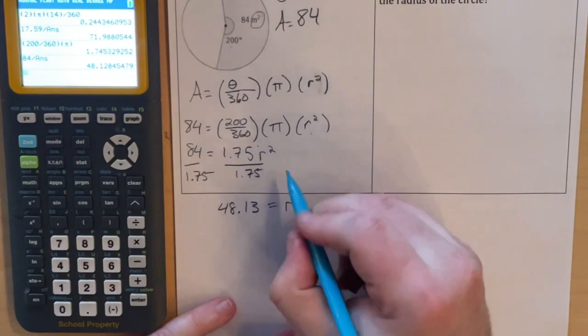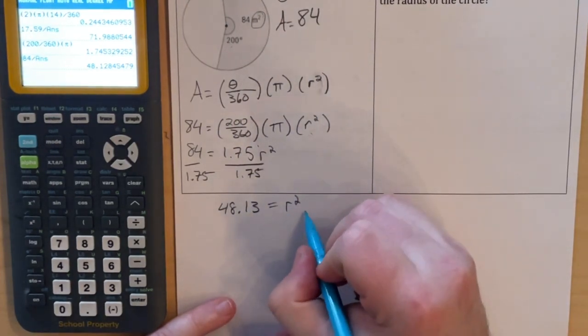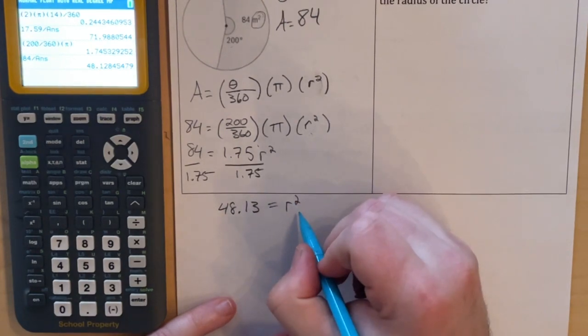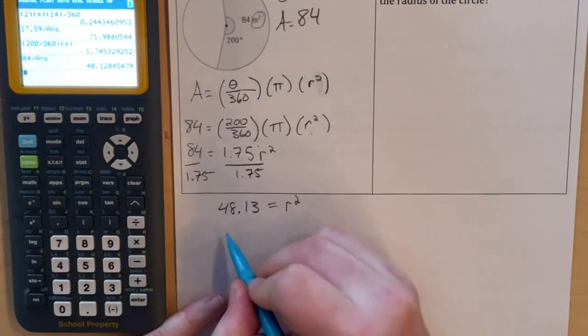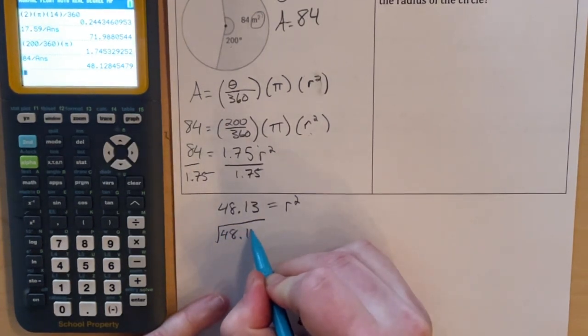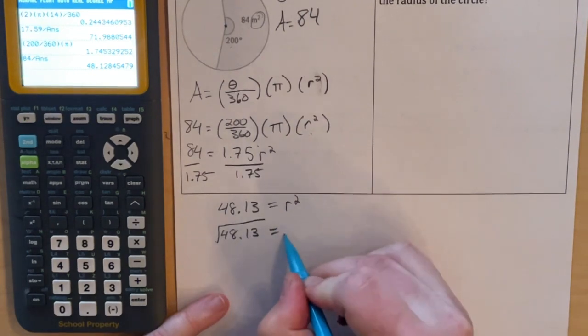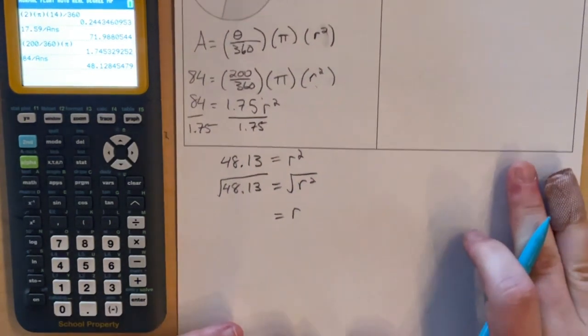We're looking for radius, which is not radius squared. So what's the inverse operation when you have something to a power of 2? It would be take the square root of both sides. So I'm going to take the square root of 48.13. I'm going to take the square root of r squared, because that will give us our radius here.